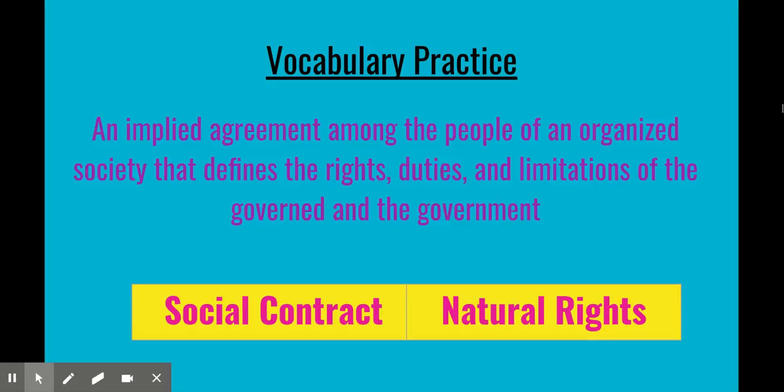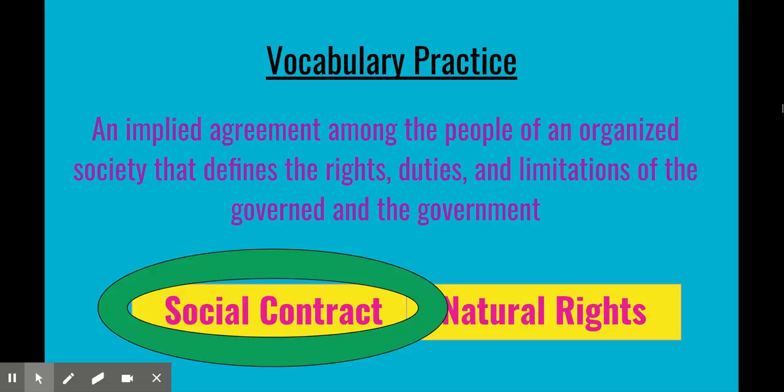Next question is an implied agreement among the people of an organized society that defines the rights, duties, and limitations of the governed and government, a social contract, or natural rights. If you chose social contract, you are correct.